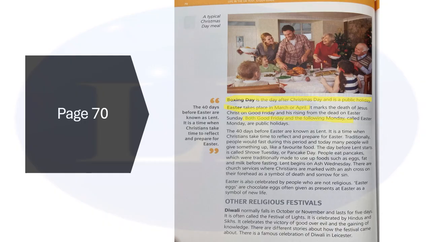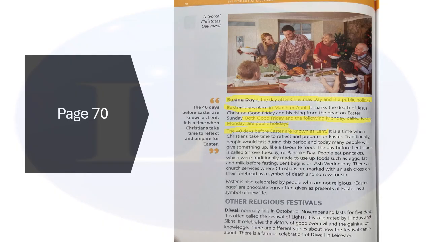Okay, so sometimes you will have a question about Easter Monday. When is the Easter Monday? So it is after Good Friday, obviously. The 40 days before Easter are known as Lent. That is sometimes in true or false. It is a time when Christians take time to reflect and prepare for Easter.